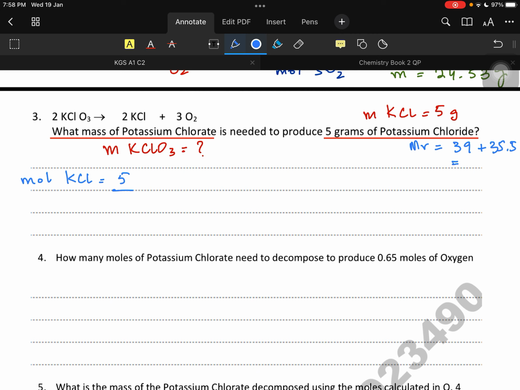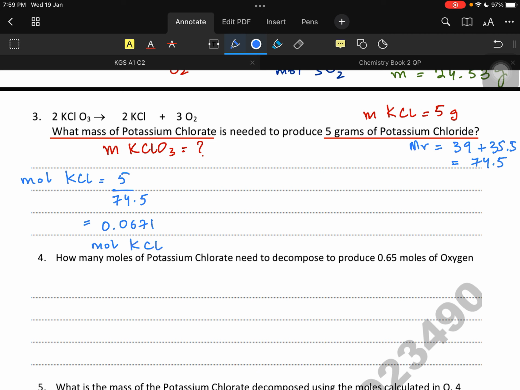So 39 plus 35.5 should be equal to 74.5 units. This is the molecular mass of KCl. We divide 5 by 74.5 and get 0.0671. This is the moles of KCl.